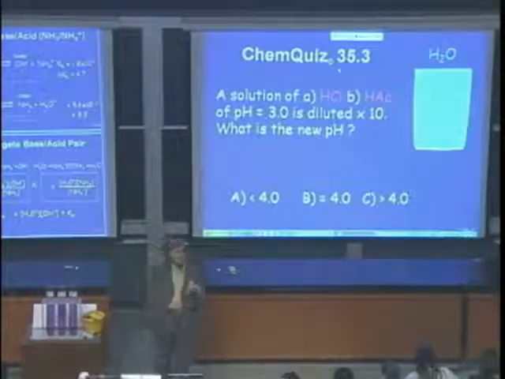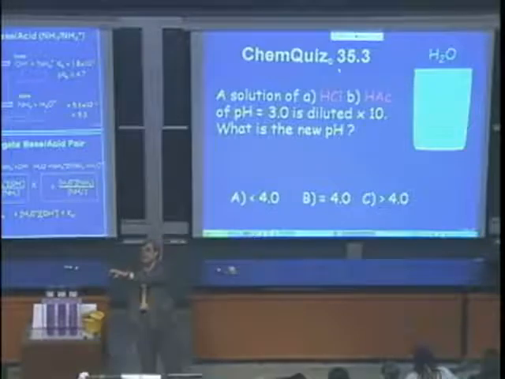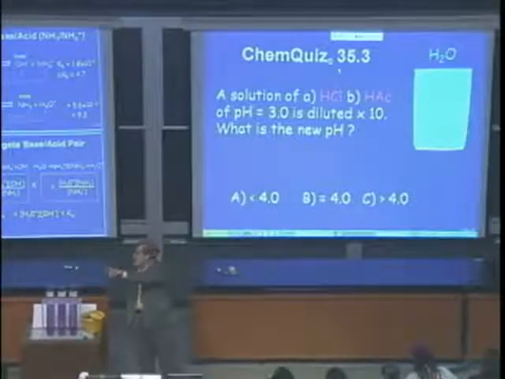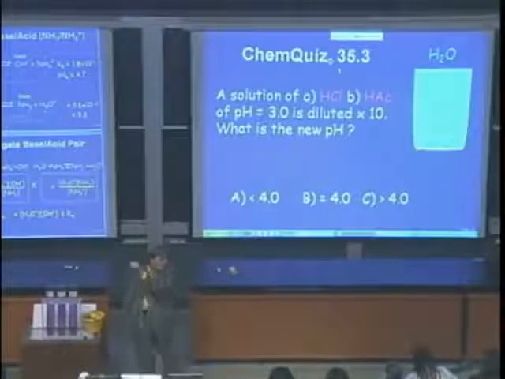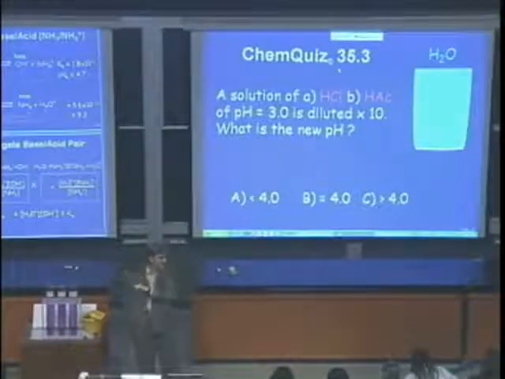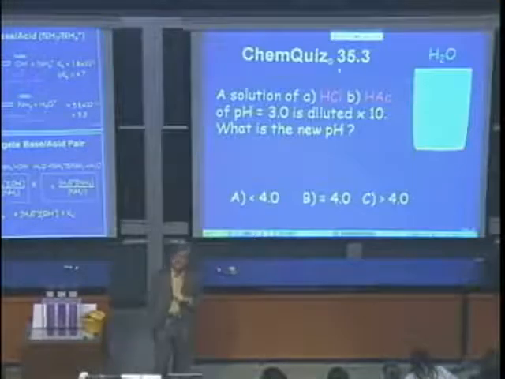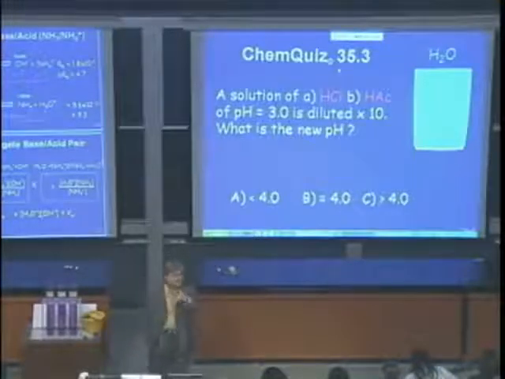Because you haven't dissociated as much H3O plus for the weak acid than you did for the strong acid. So there's not as much H3O plus on the right side than if you would have the strong acid. But here, that's a different story.